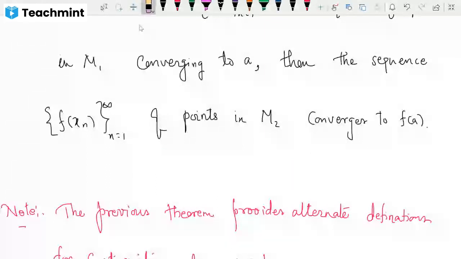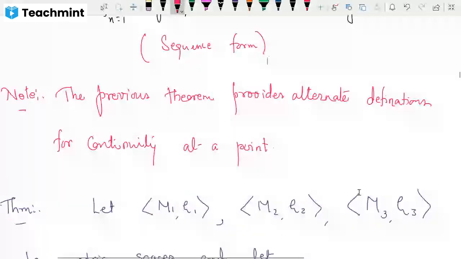The third condition is nothing but the definition of continuous function at a point in sequence form. So next, the previous theorem provides alternate definitions for continuity at a point.